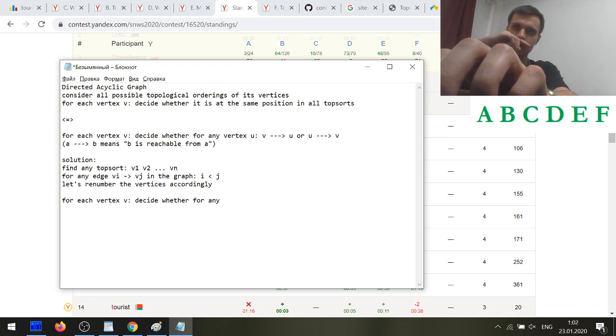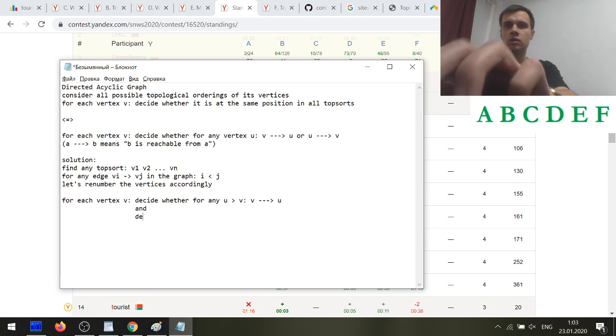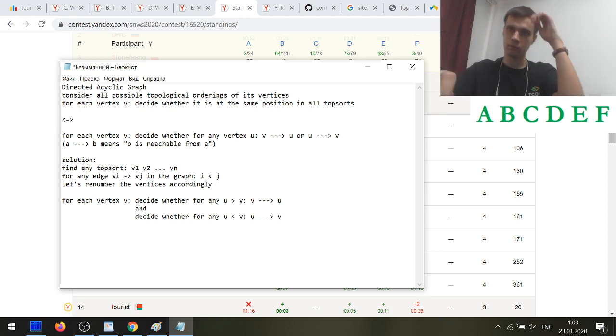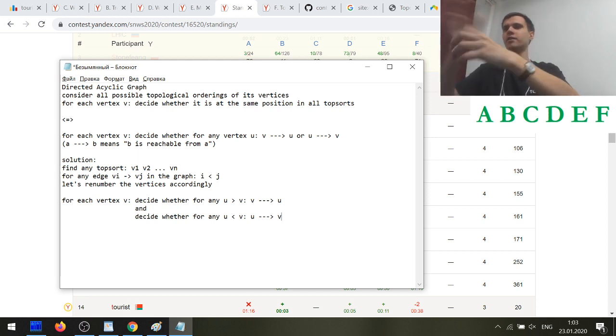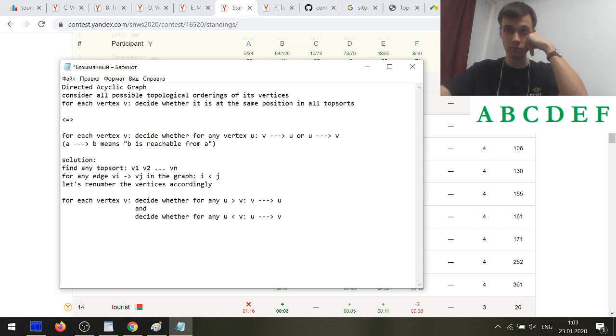And now we want to decide whether for any vertex u more than v we can reach it, and also whether for any u less than v we can reach v from u, right? Because we can only go to the right, we need to decide if we can reach all vertices to the right, because we cannot be reachable from them, obviously, and vice versa. Okay?